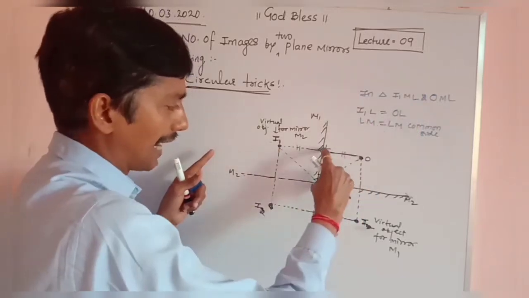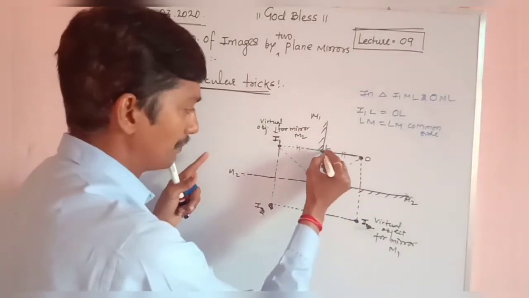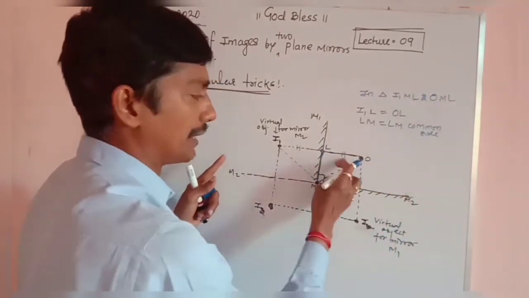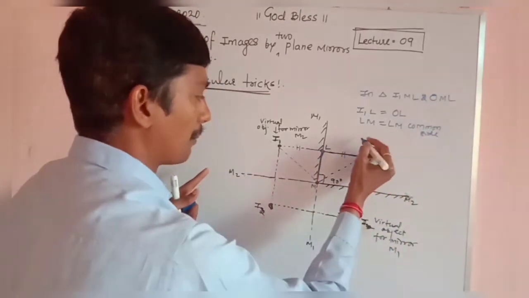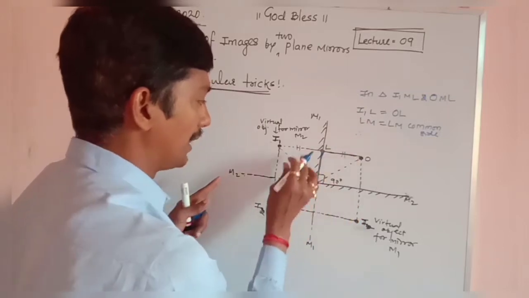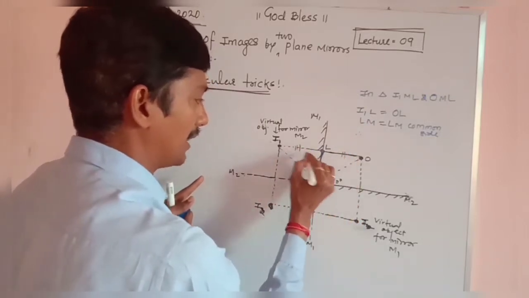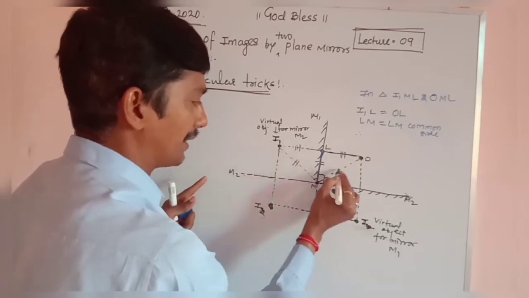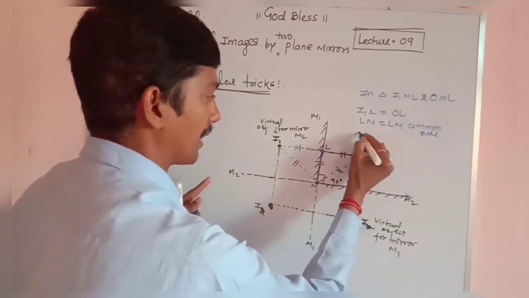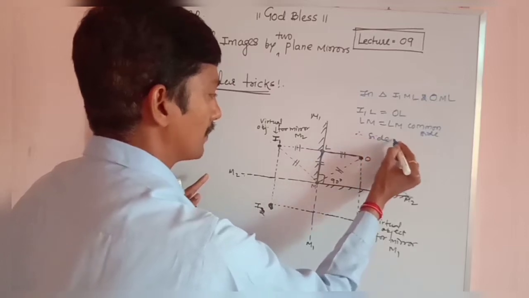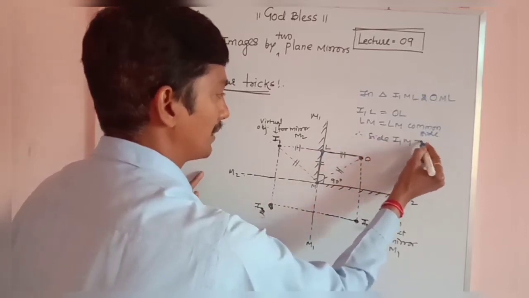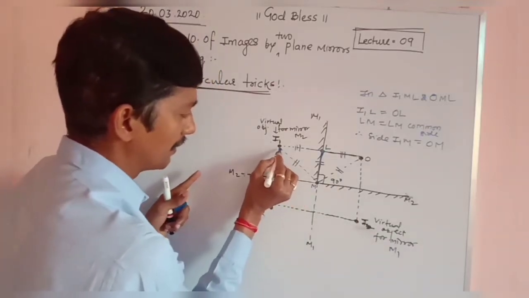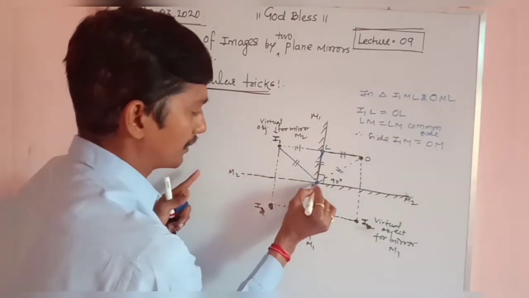LM is equal to LM, the common side for both triangles. And therefore, you can see that if this side is equal to this side and this is the common side, ultimately this side and this side are equal. That is, side I1M is equal to OM.